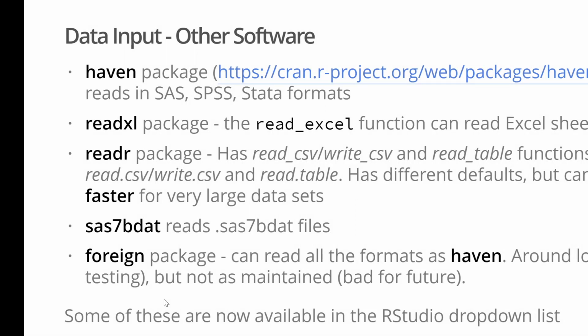And this is just a resource of other types of formats you can read in. The haven package, which is also part of tidyverse, although not one of the 8 formally packaged ones, allows you to read in SAS, SPSS, and Stata data directly.